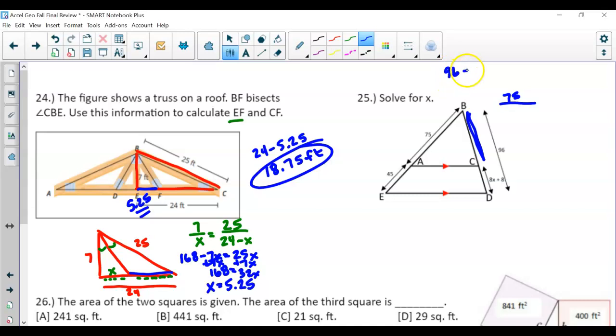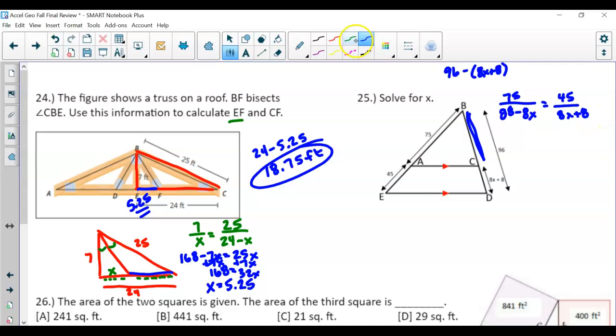So 96 minus 8x plus 8, right? Take that piece away. That's how you end up with 88 minus 8x from 96 minus the 8 here. Then that is equal to our other section, which is 45 to 8x plus 8.